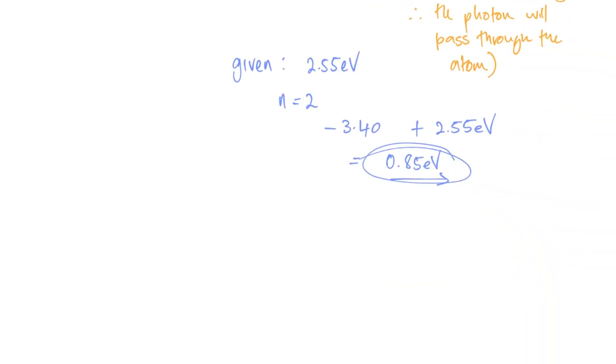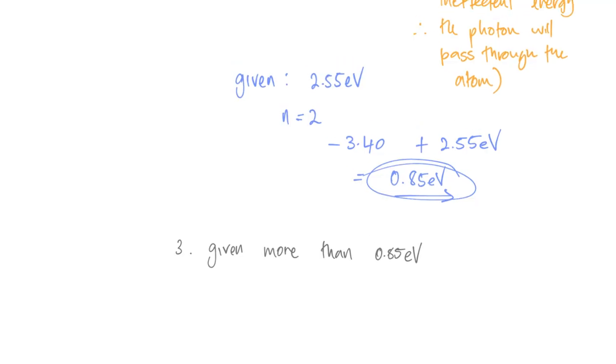Let's have a look now at condition number 3. Let's say we give it another condition, and this time we say given more than 0.85 electron volts. Now, if I'm given more than that, just have a look here.